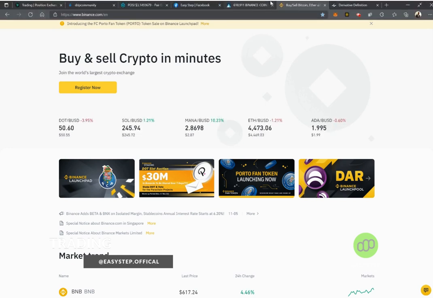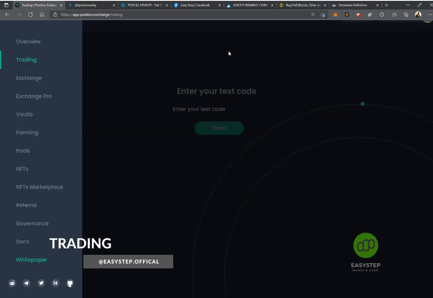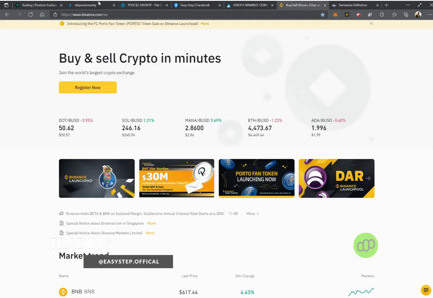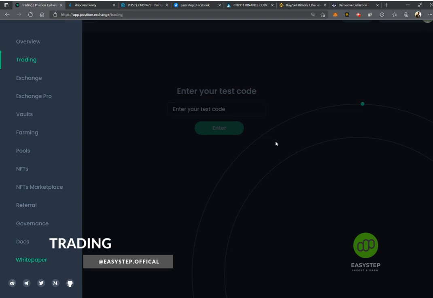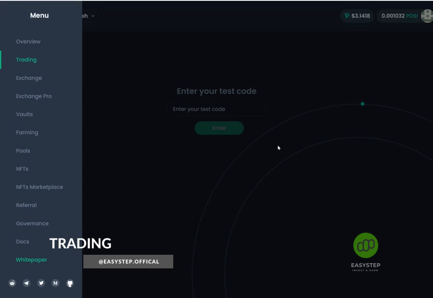However, Position Exchange is actually going to be working around that, I'm assuming, since they are going to be launching the trading protocol soon. But everything that Binance was trying to do, POSI is actually doing. So they're going to be bringing a lot of new investors into this decentralized space.